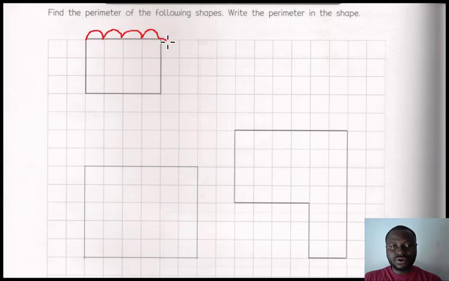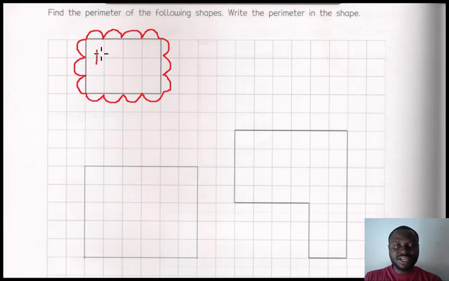So 4, 5, 6, 7, 8, 9, 10, 11, 12, 13, 14. So it means that the perimeter of this particular shape is 14 centimeters, right? So the distance around this plane shape is 14 centimeters.